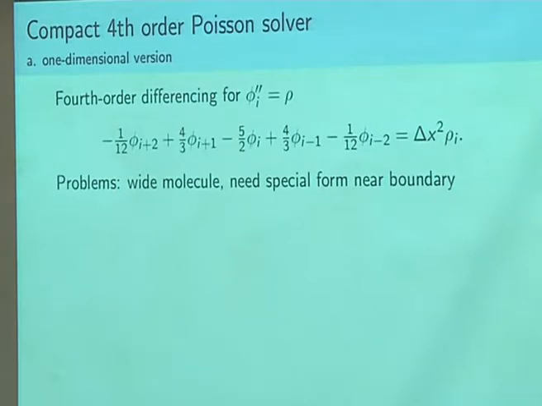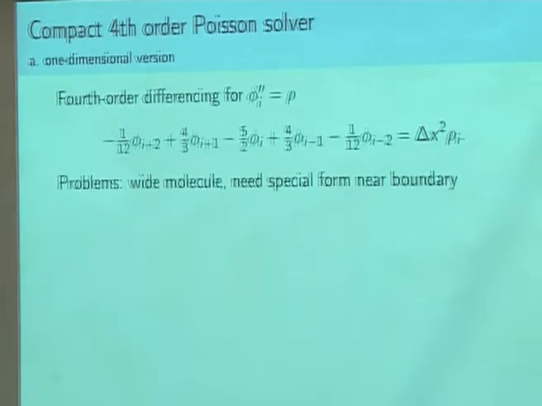We don't evaluate the function on the boundary, but we have to satisfy the governing equation, 1 point and 2 points in from the boundary, and those 2 points will use information which is outside the boundary with this wide numerical molecule. We can do better with what's called a compact fourth order solver.